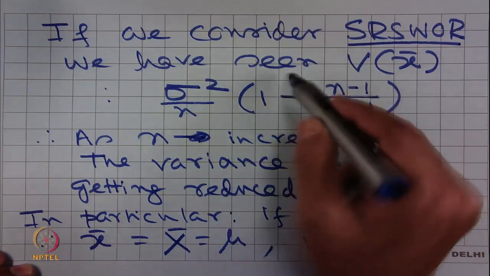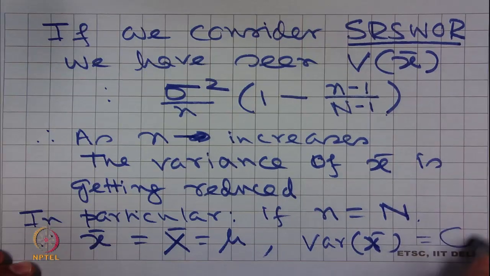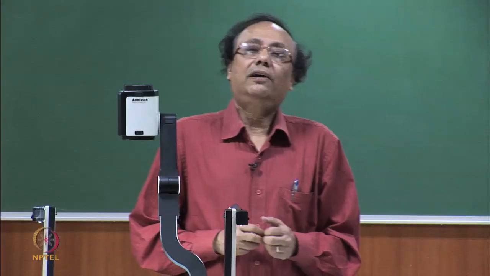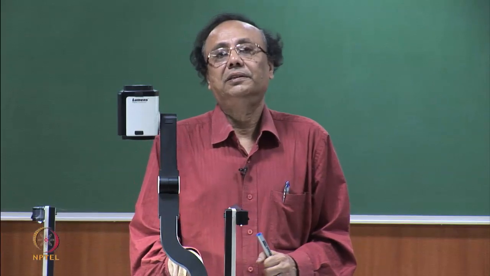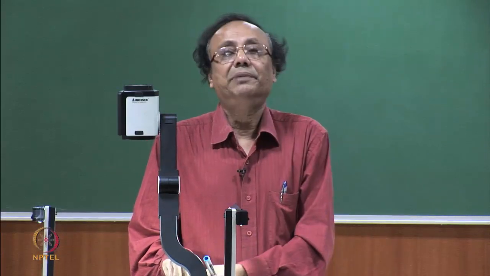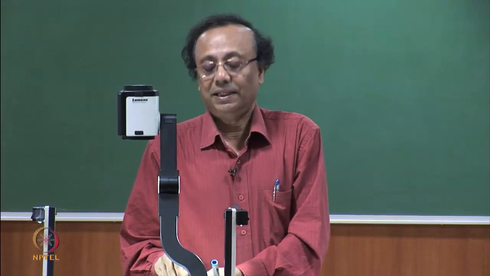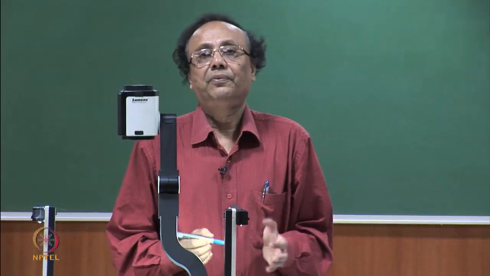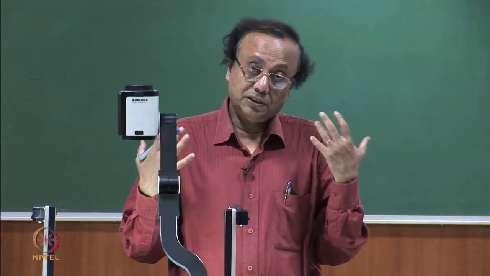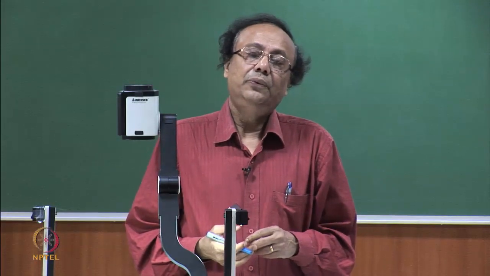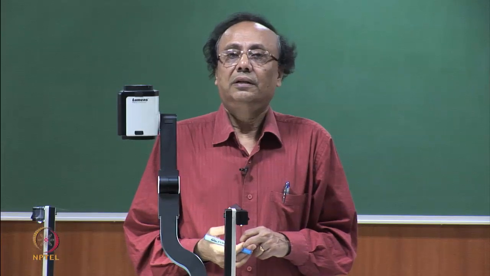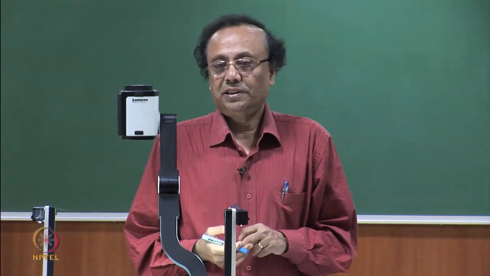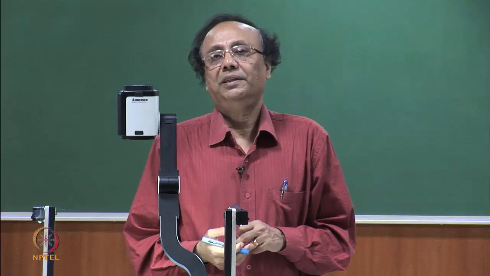So, this part becomes 0, therefore, variance becomes 0, which is understandable, because if I consider the entire population and take its mean, then it has to be same as the population mean. Therefore, there is no deviation from the population mean, there is no dispersion, and we get the sample mean equal to population mean, and therefore, variance of sample mean is 0.